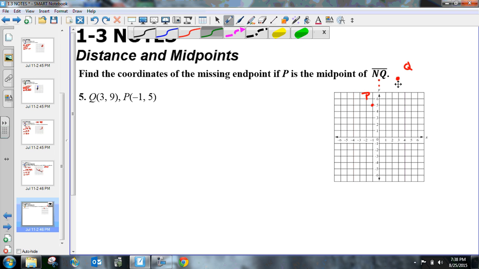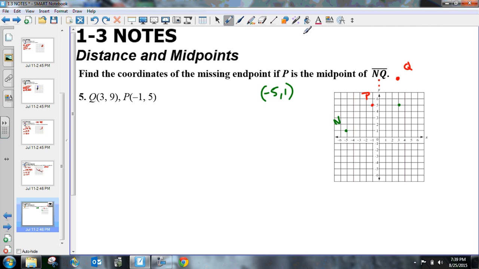I'm going to go down 1, 2, 3, 4 and over 1, 2, 3, 4. Well, it looks like that's on the line. I'm going to bet you that the point is -5, 1. How much you want to bet?